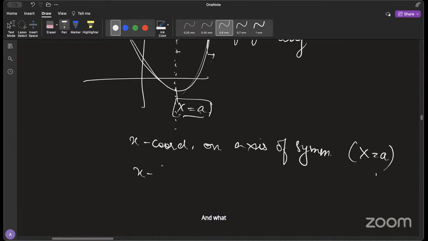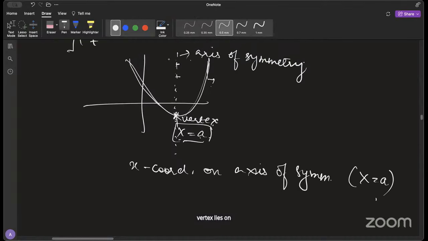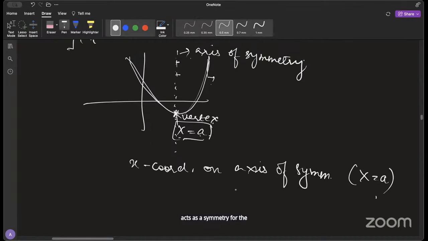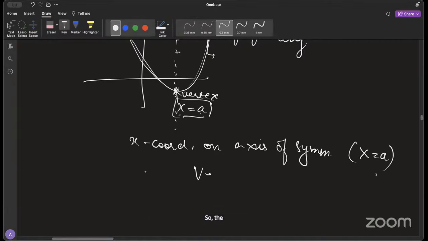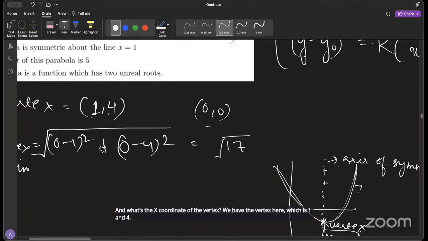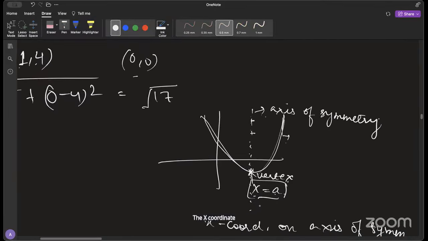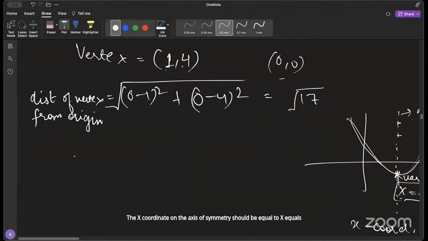And this should be the same as the x coordinate of the vertex, because your vertex also lies on the axis of symmetry for the quadratic function. And what's the x coordinate of the vertex? We have the vertex here, which is 1 and 4. So the x coordinate on the axis of symmetry should be equal to x equals 1, right?